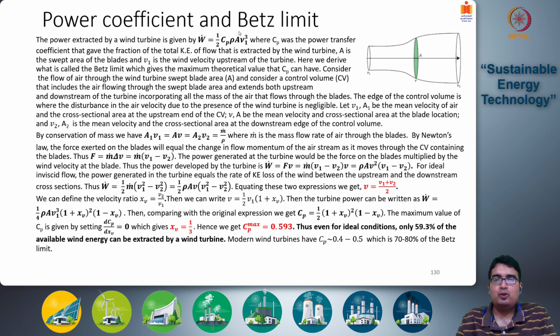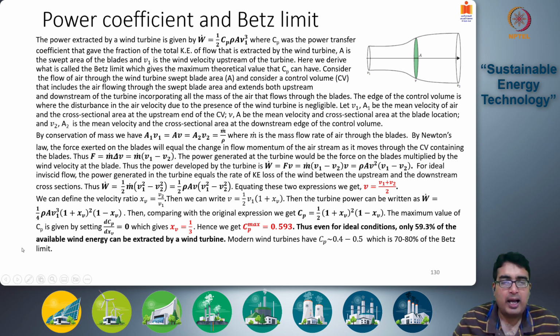So, of the total wind energy that is available for conversion into mechanical energy of wind turbines, which is half rho A V1 cube, 59.3% can be converted into mechanical power under ideal conditions where we are ignoring frictional losses or any kind of loss related effects. Okay. So this is the ideal limit of power conversion that a wind turbine can achieve.